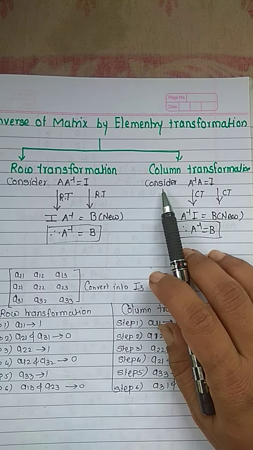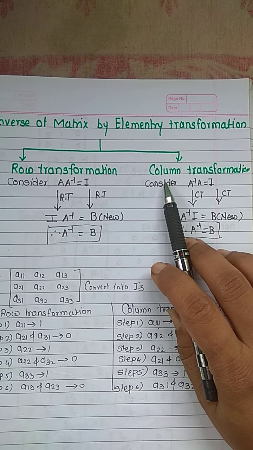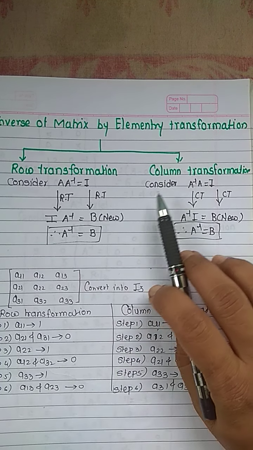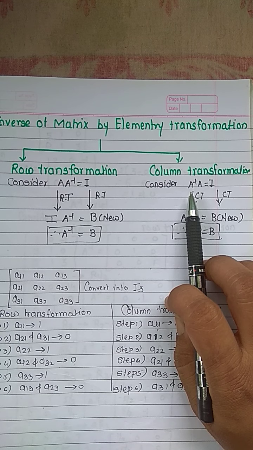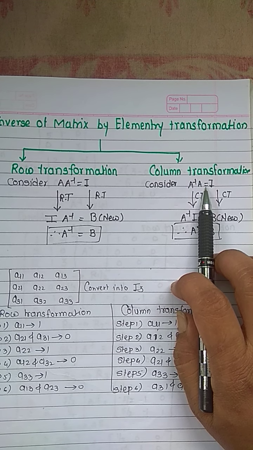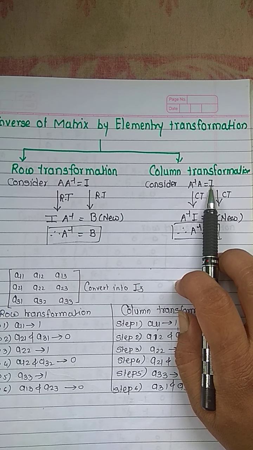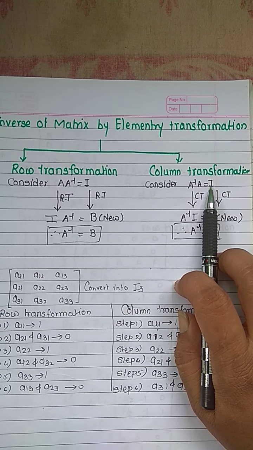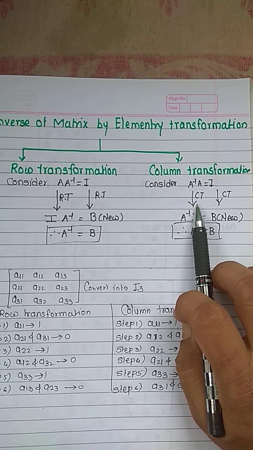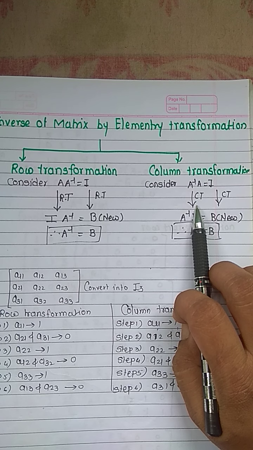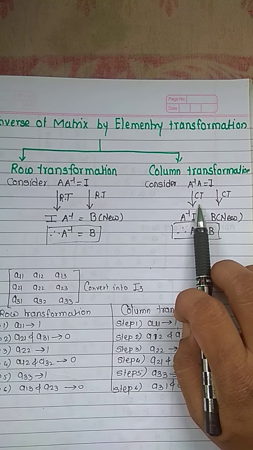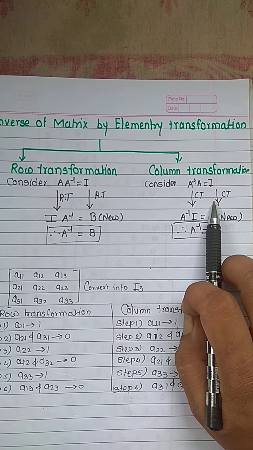Similarly, if we decide to use the column transformation, first we write the equation A inverse into A equal to I and apply the elementary column transformations on the A matrix. Simultaneously, this operation is also applied on the identity matrix.